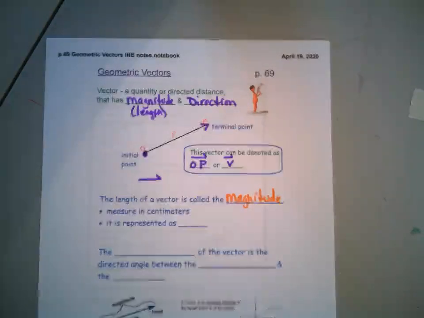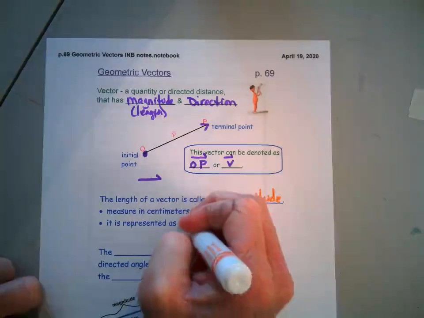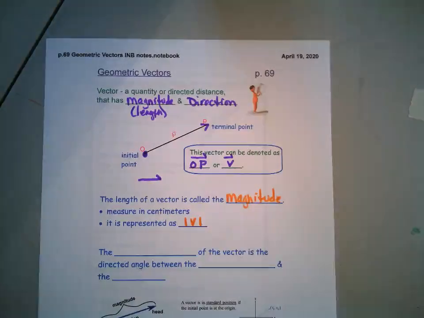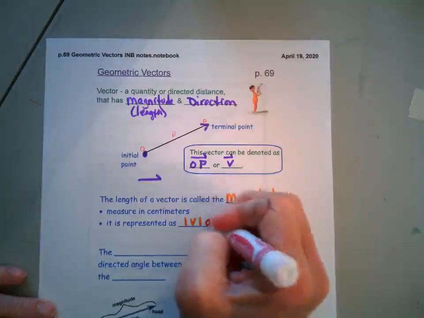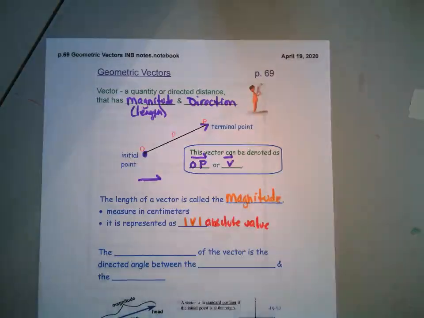For the purposes of what we'll be doing today, we'll measure it in centimeters, but for the most part, it's not really going to be measured in centimeters. It can be measured in a whole bunch of different things like miles or meters or feet or whatever. And the magnitude is represented using the absolute value of V. This is the absolute value of it, so it never has a negative value.